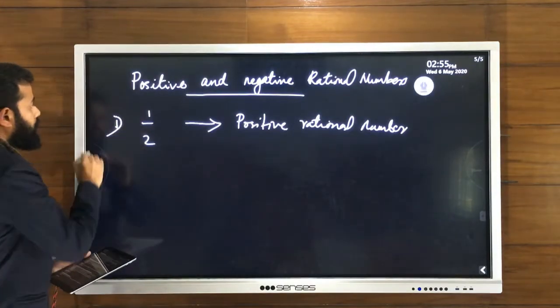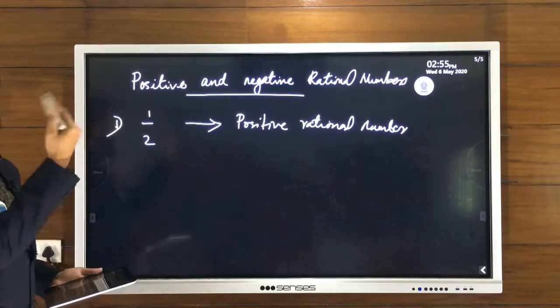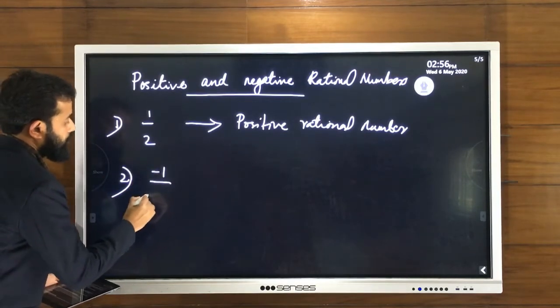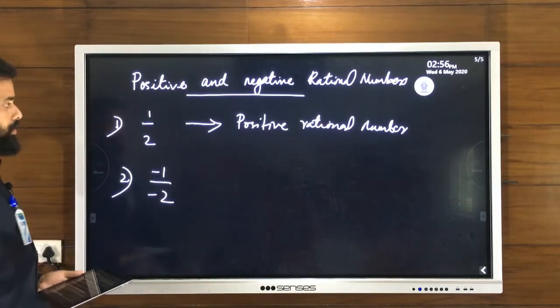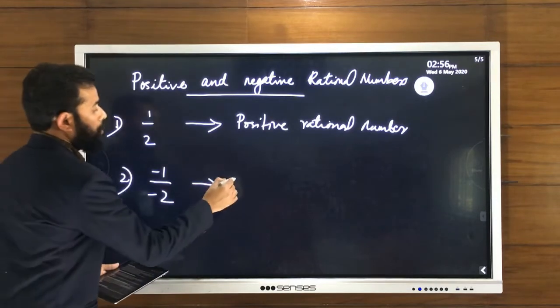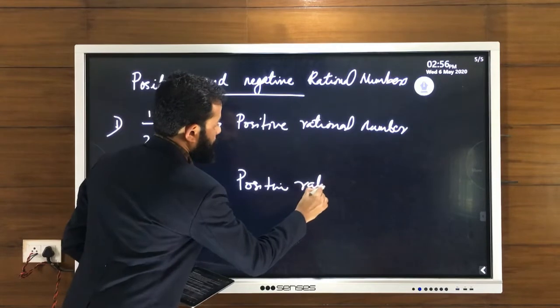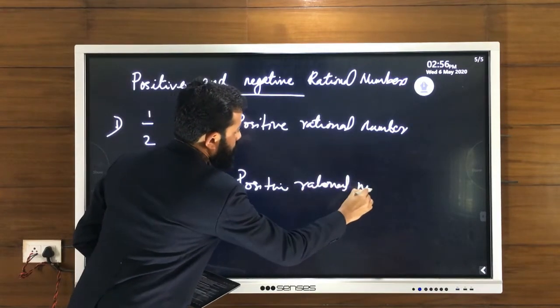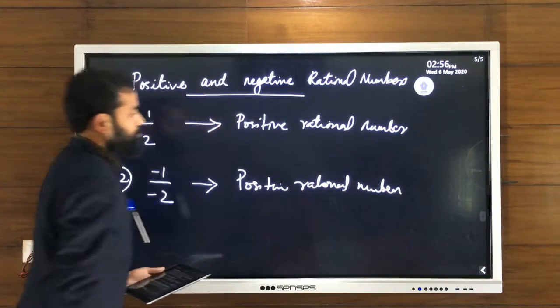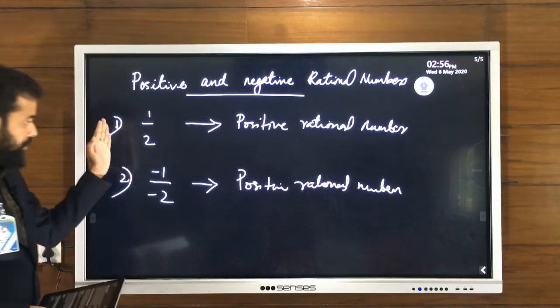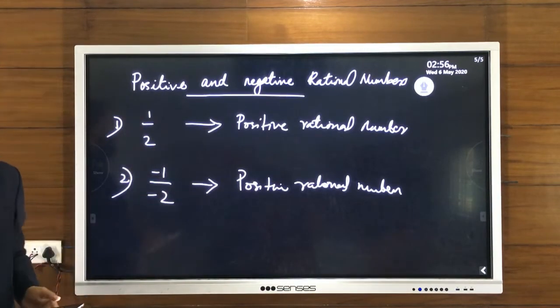Second point, both numerator and denominator are negative: -1 divided by -2. This is also a positive rational number, because the minus and minus will be cancelled and the absolute value will be 1 divided by 2.